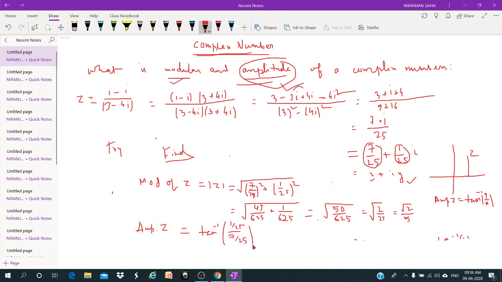So this will be tan inverse 1 upon 7. This is our amplitude.